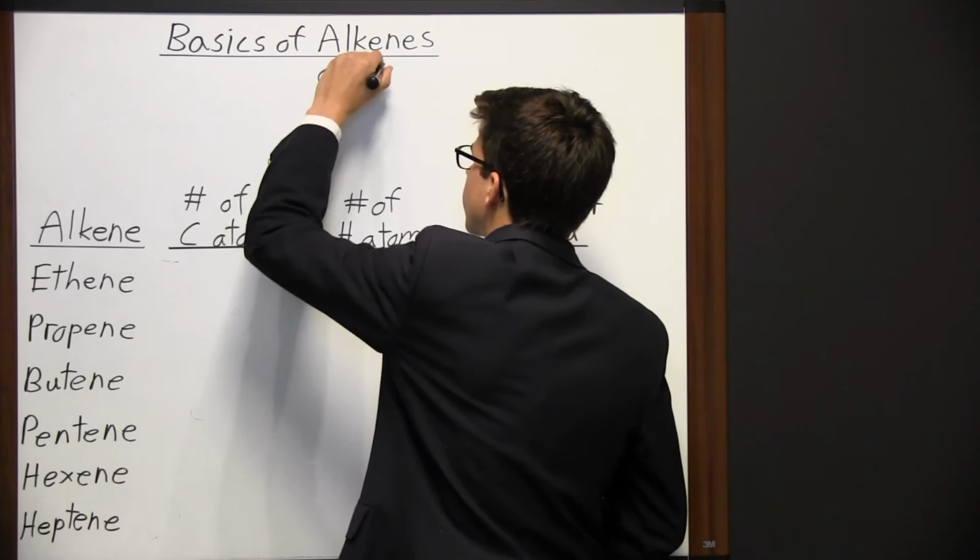MCAT Organic Chemistry. We're going to take a look at 6 of the physical properties of alcohols, starting with physical state. At normal room temperature, the physical state is going to be that of a liquid, and it's going to be a colorless liquid.